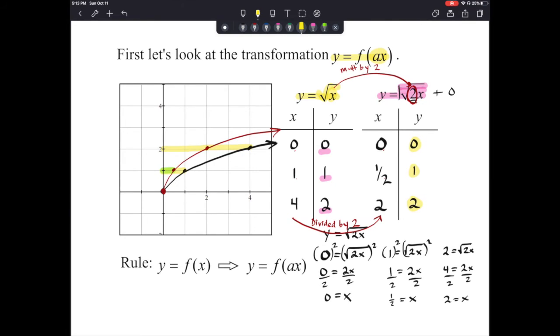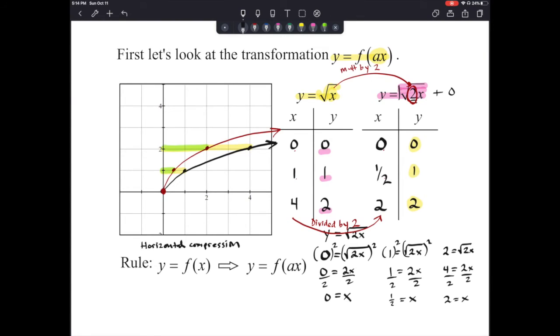But now we've shifted that point back, and we've got our point at 2, 2. So what we call this is a horizontal compression. Okay, so we're compressing our graphs, so they're getting more narrow from a horizontal standpoint.